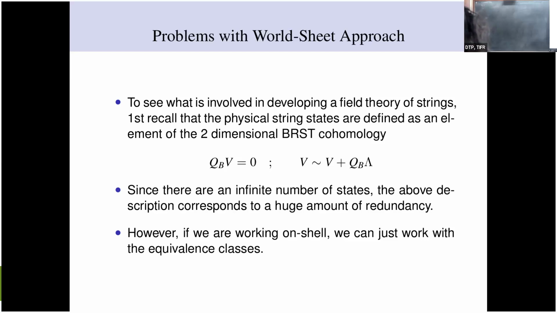That's for sure. But how much mileage it can give, for example, this RR calculation, taking into account the RR fluxes, would be great. But in the worldsheet approach, it's not even clear how you define that.